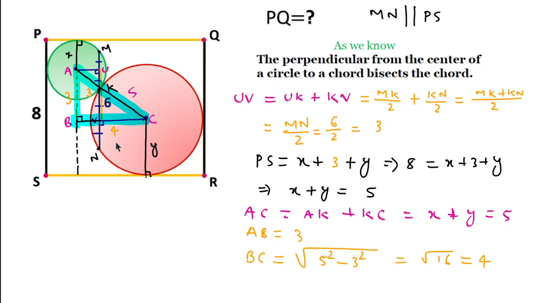Now understand here, this BC as we have obtained, if we connect here like this, then this will be the radius for the red circle, which is also Y units.